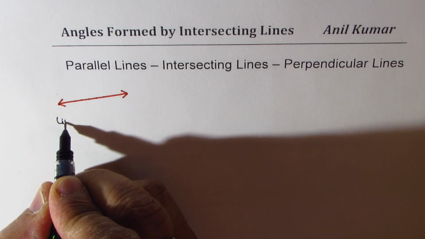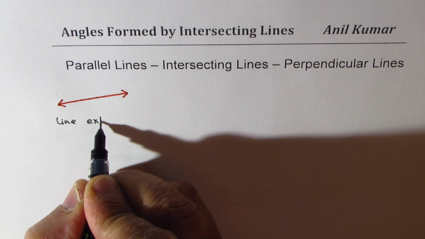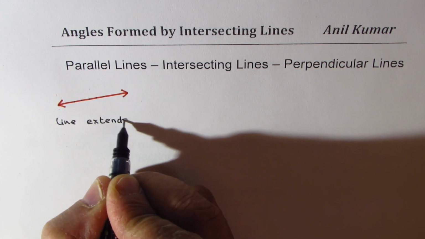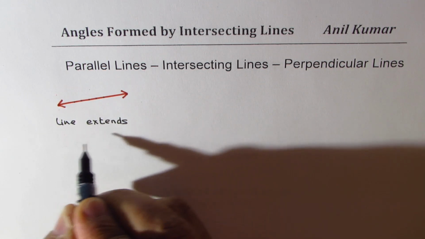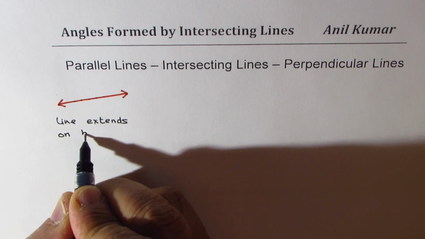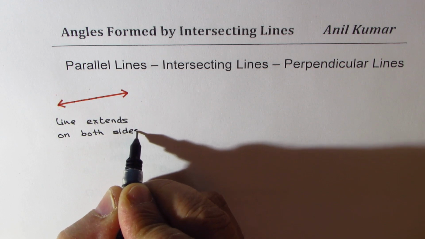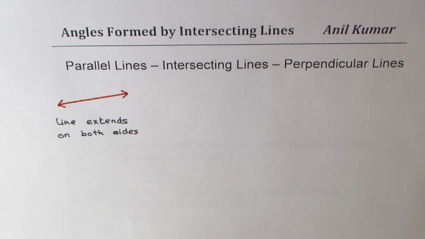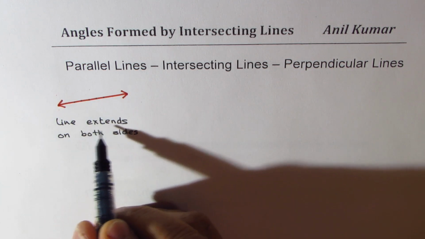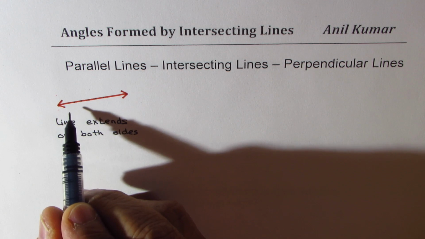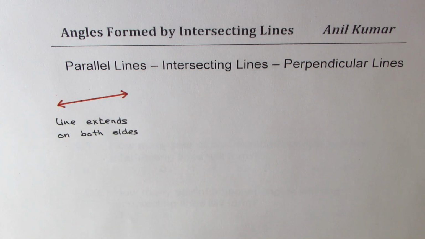So line extends on both sides. So this arrow normally we should draw, but many times we do not draw. So it is assumed that it extends on both the sides, and so we normally miss sometimes the arrows.